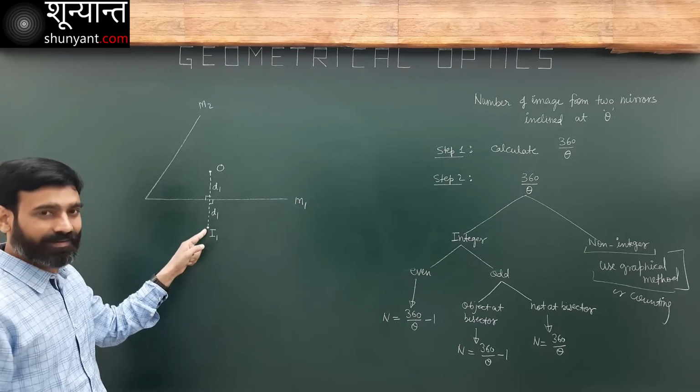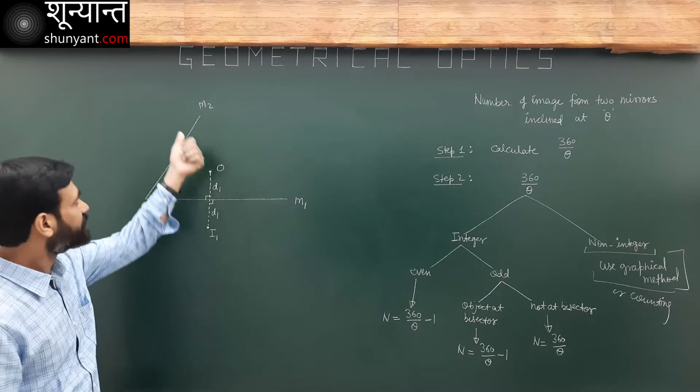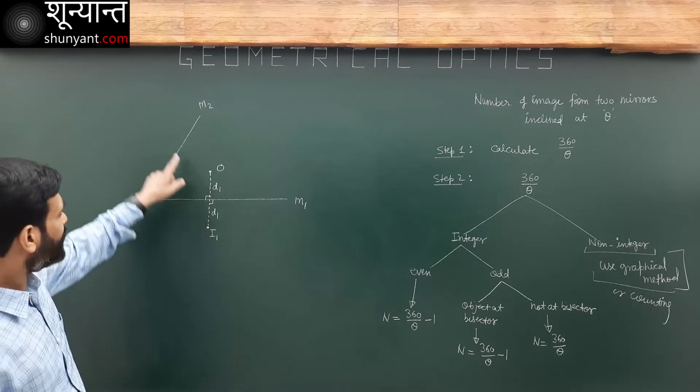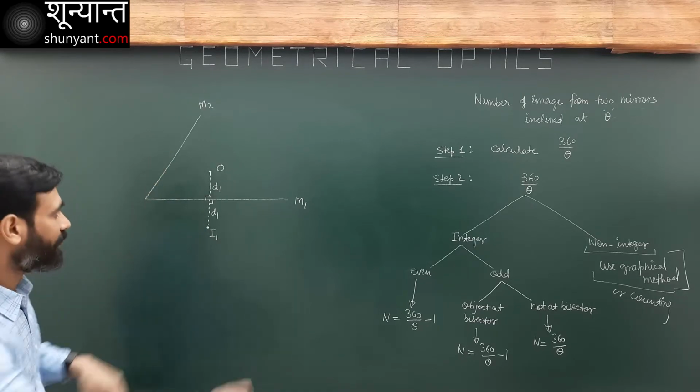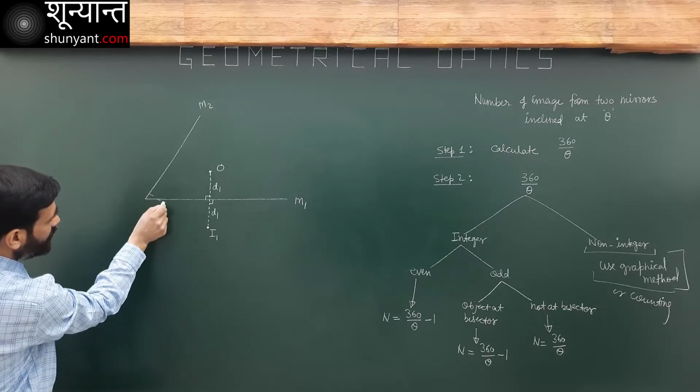This image becomes an object for the second mirror. So where will be the image? I just have to draw a perpendicular here.